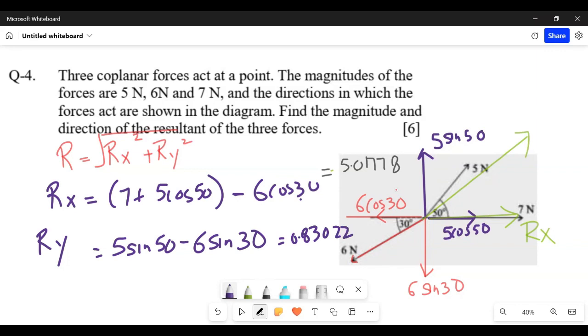So that means Ry is an up force. So resultant is somewhere over here. So I was wrong to assume that resultant is there. Resultant actually right here.